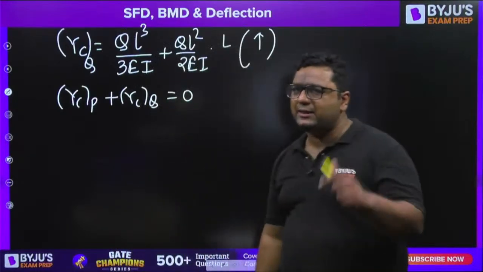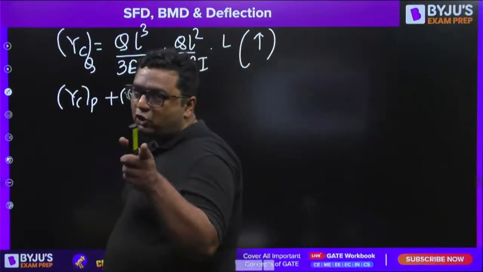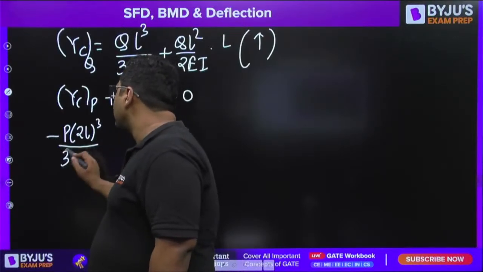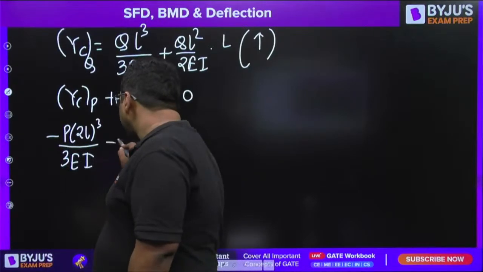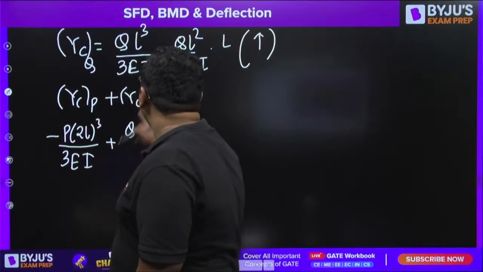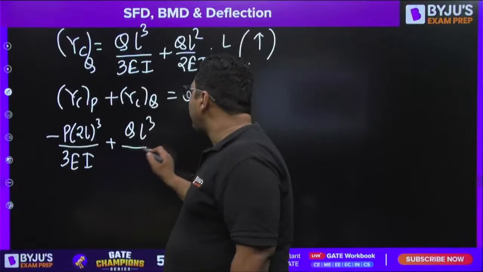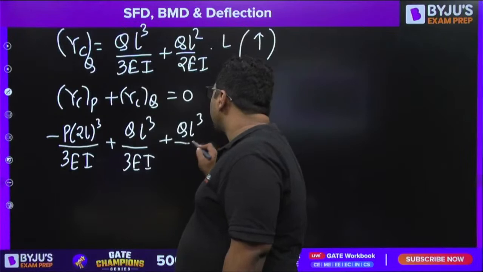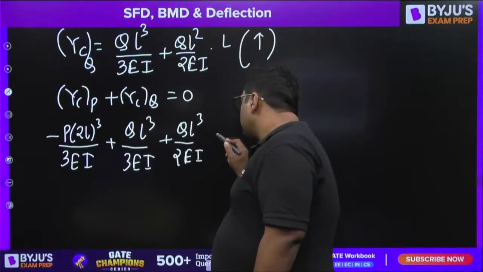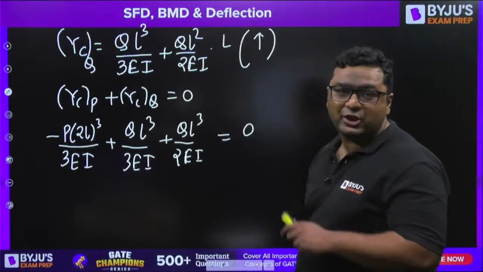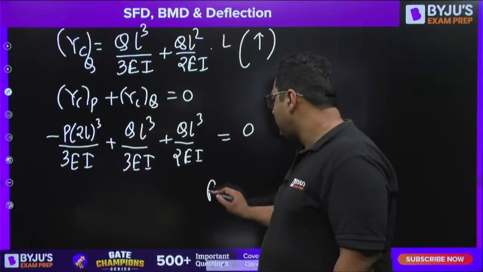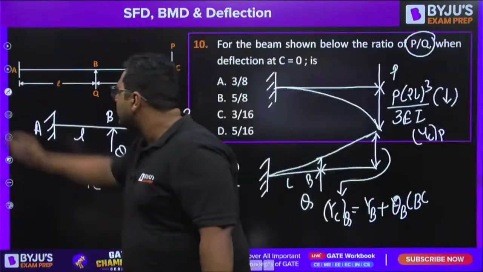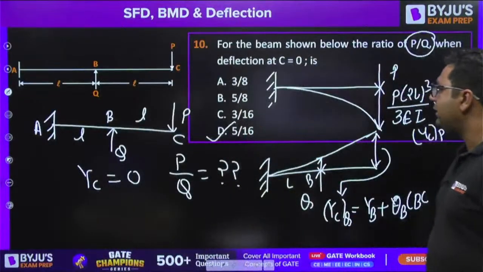One is downward, other is upward. Downward is shown by negative. So minus P (2L) cube upon 3 EI plus Q L cube upon 3 EI plus Q L cube upon 2 EI equals 0. You will get the ratio as 5/16. And the answer for this is D.